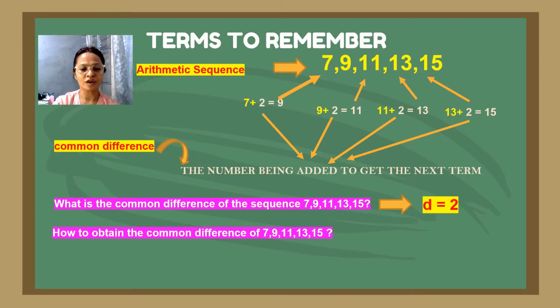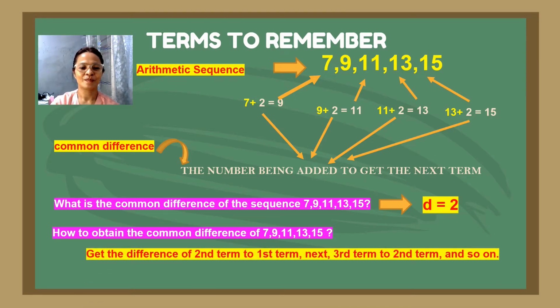How to obtain the common difference of 7, 9, 11, 13, and 15? What's your answer? To obtain the common difference, we will just subtract the first term from the second term, and then the second term from the third term, and so on.